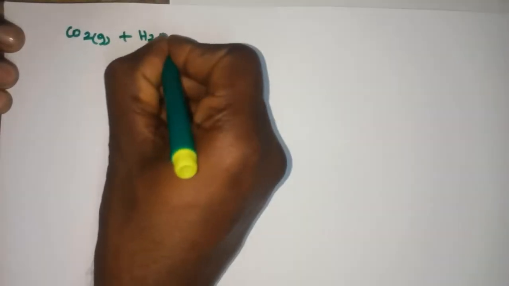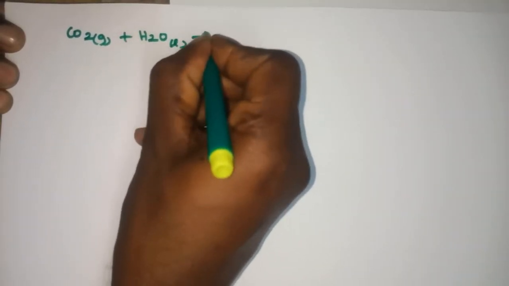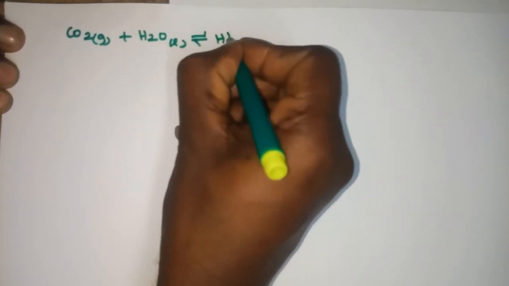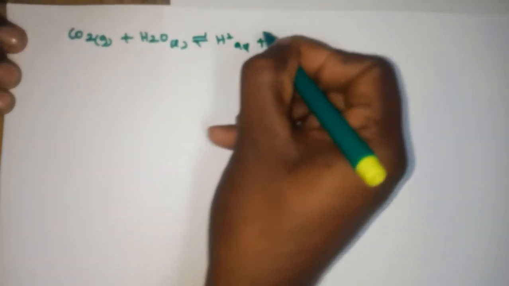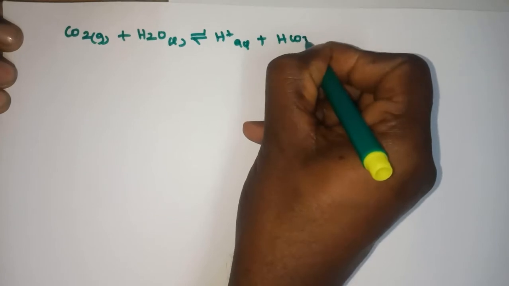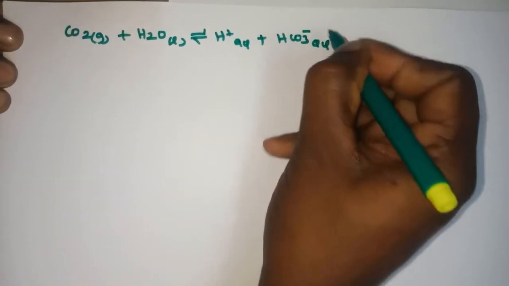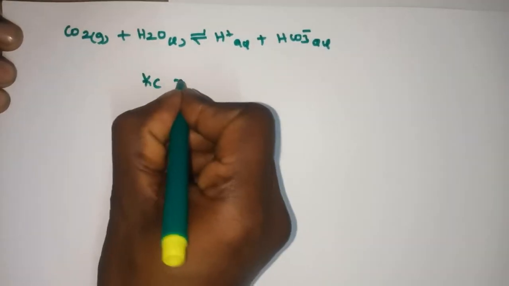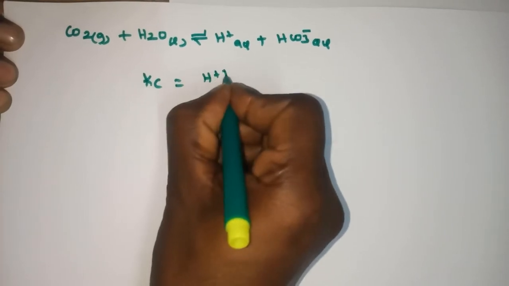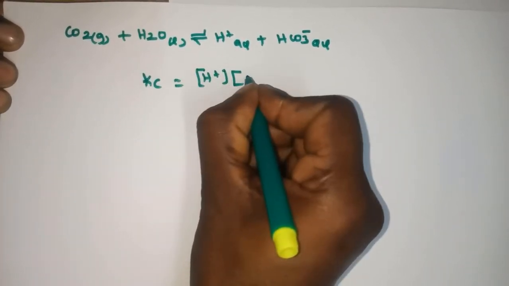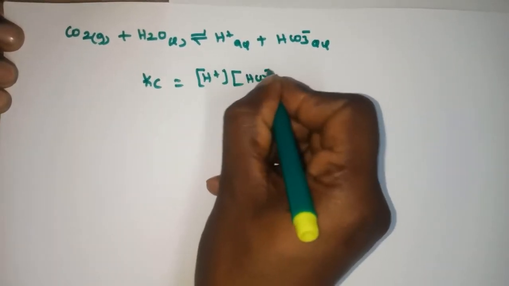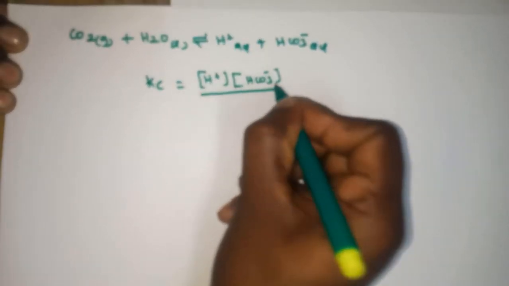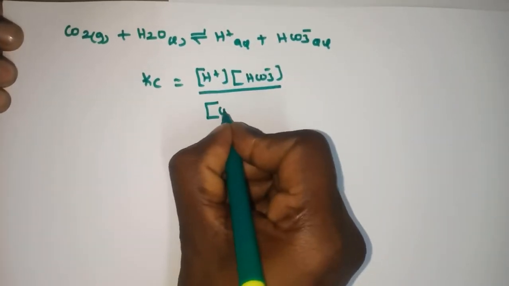Next example, carbon dioxide and water molecule react to form H plus ion and HCO3 minus ion. Kc is written as active masses of the product into active masses of the product divided by the active masses of the reactant.